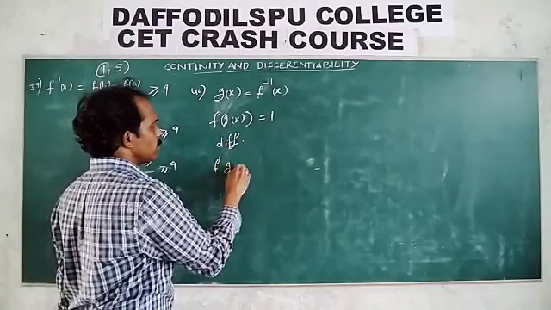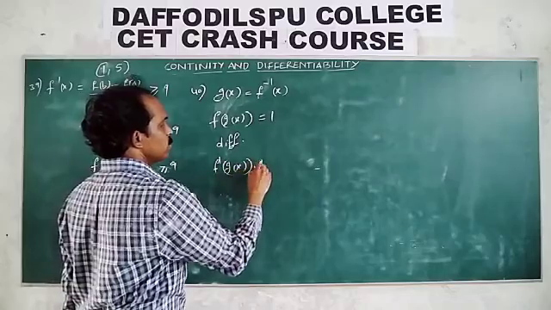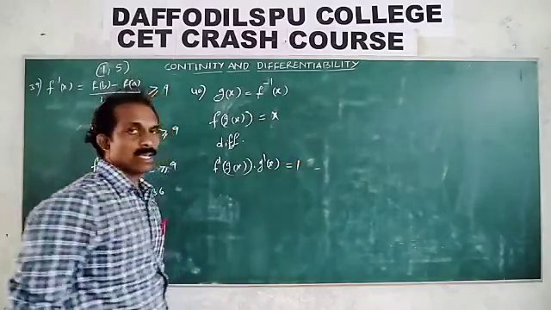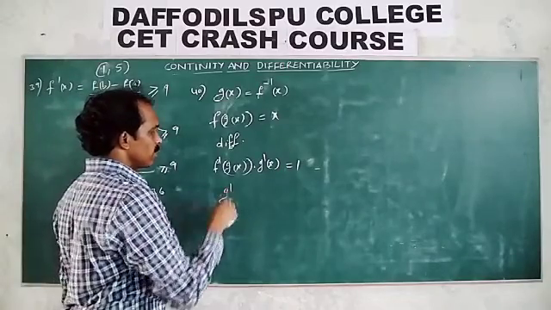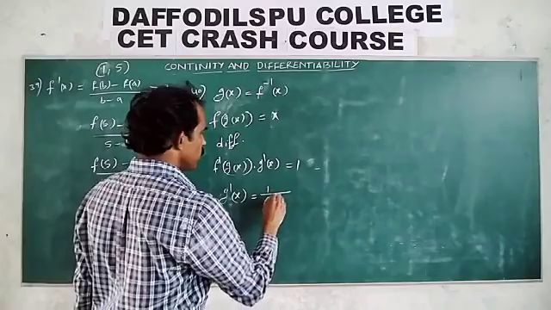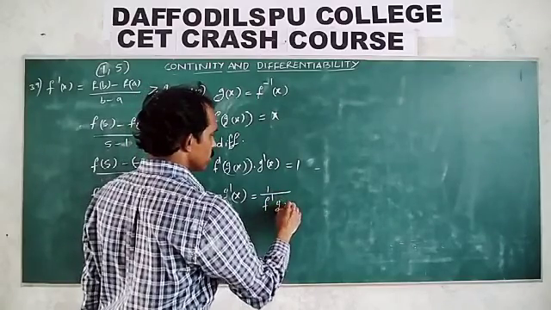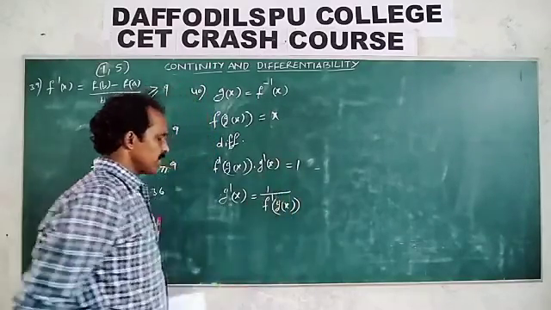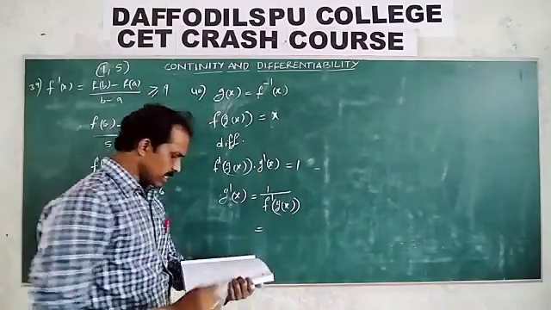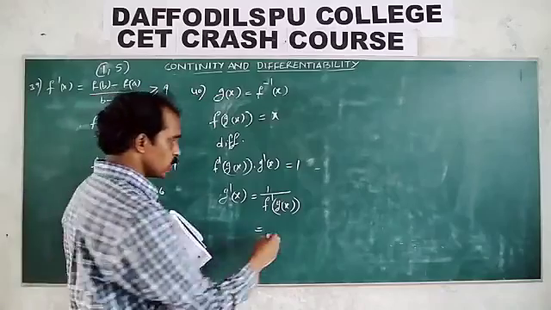Therefore, f dash of g of x into g dash x equals 1, the derivative of x. We want g dash x only, so g dash x is 1 by f dash of g of x. f dash x value is given, what is f dash x? 1 by 1 plus x cube.